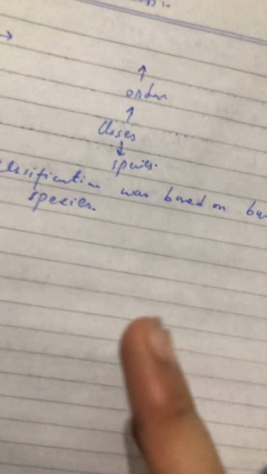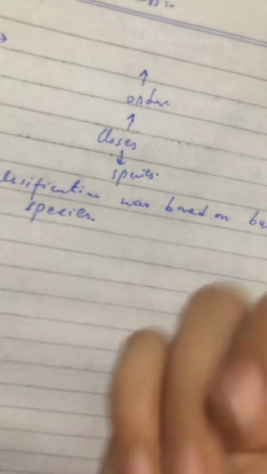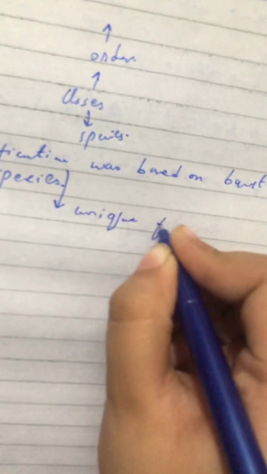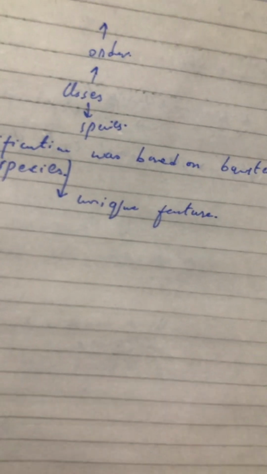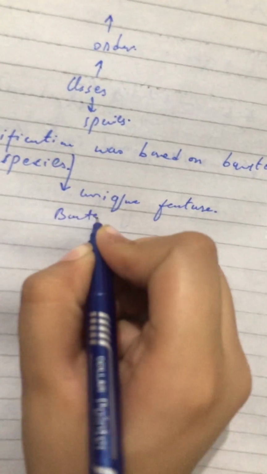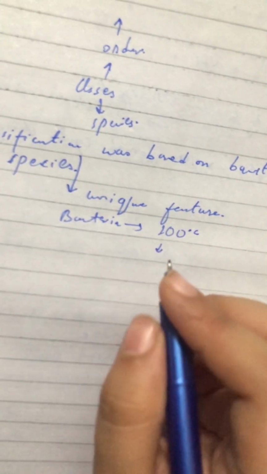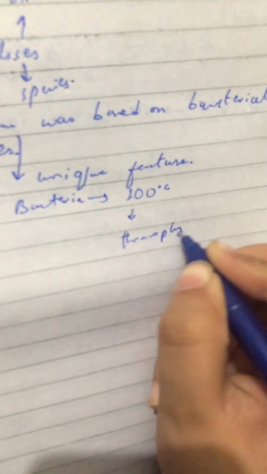Why was it classified on the basis of bacterial species? Because of unique features, like bacteria living at 100 degrees centigrade are thermophilic bacteria.